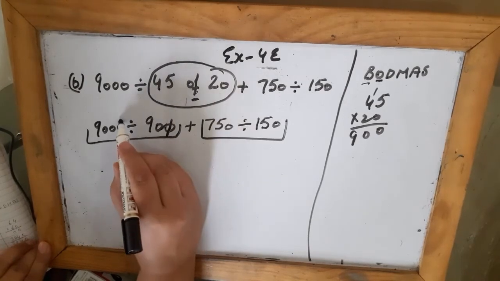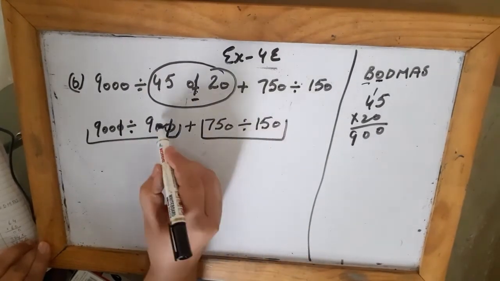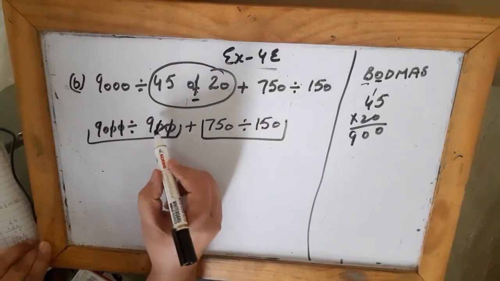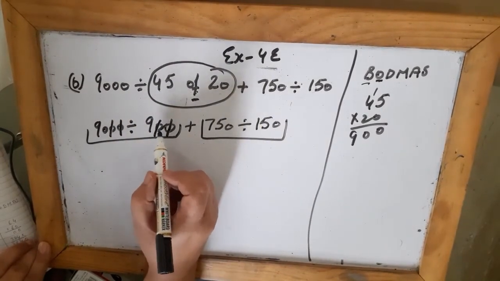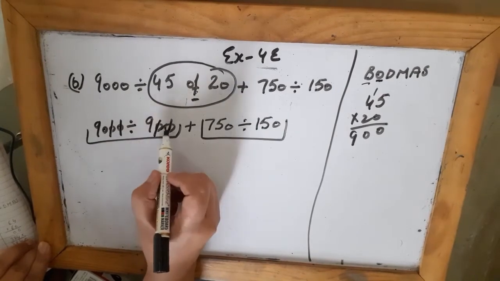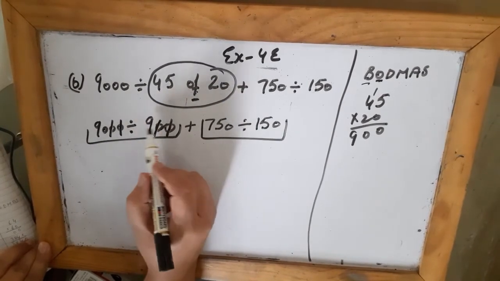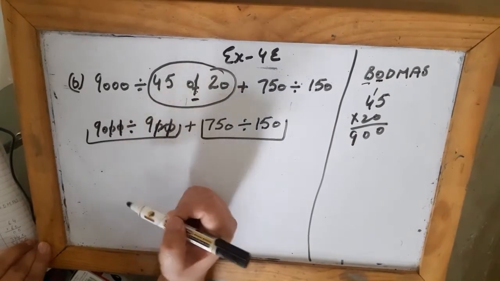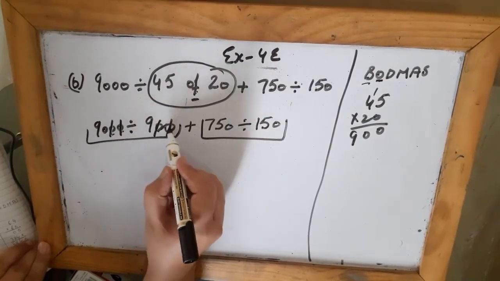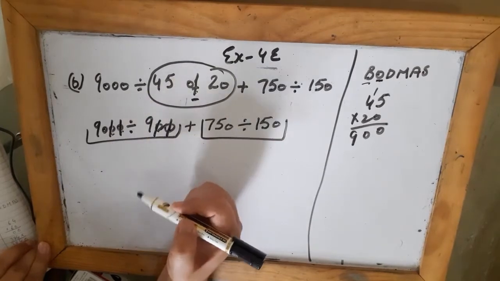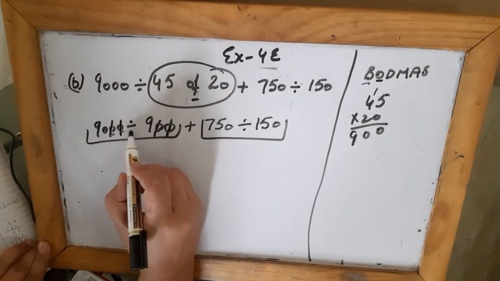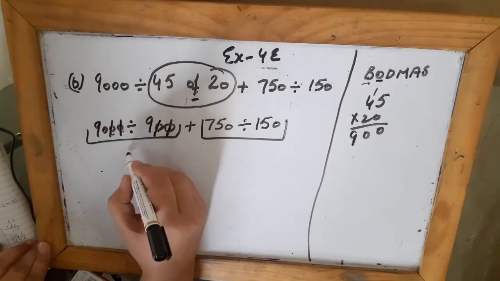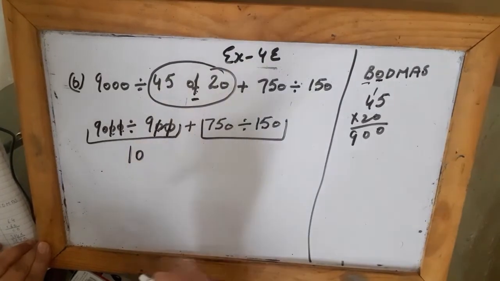This 0 gets cancelled with this 0, this 0 gets cancelled with this 0. So 2 zeros of this and 2 zeros of this are cancelled. Now I'm left with 90 divided by 9. So 90 divided by 9 is how much? It's 10. 9 tens are 90.